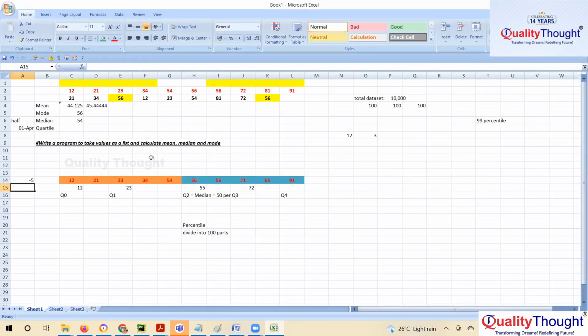Box plot is the only plot which gives the outliers. If you want to find outliers, there is no other way than to plot a box plot. The box plot will calculate and tell you that these are the outliers. Now it is up to you whether you treat them as outliers or not. The box plot says outliers, but you may not want to treat them as outliers, and that's fine.